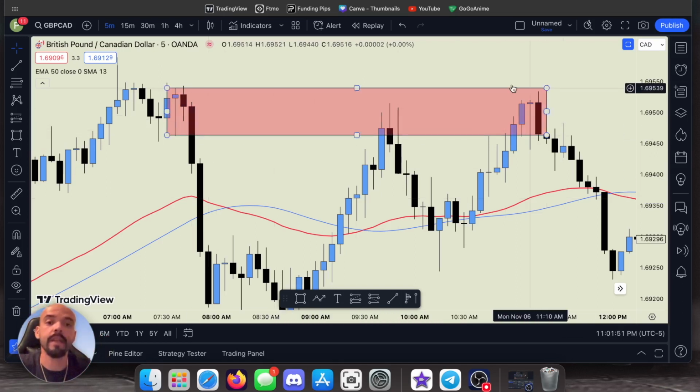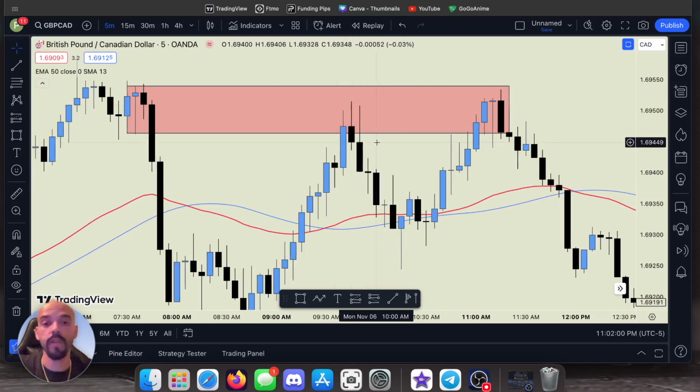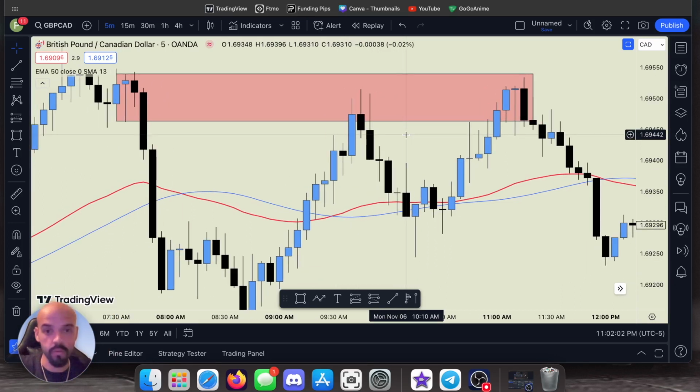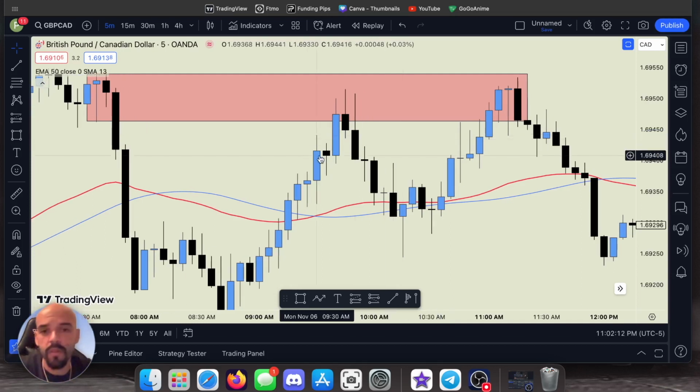Right here, this is our zone. Now we wait for price to work its way up into our zone, and what we're looking for is a break of candle. Now what does that look like? Again, simple. I got you.